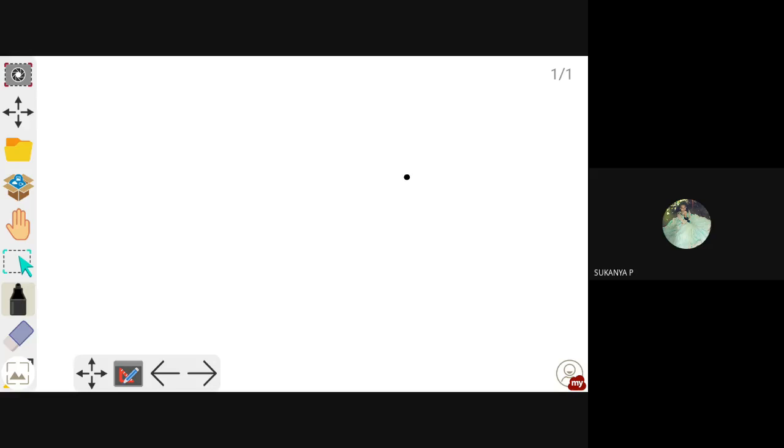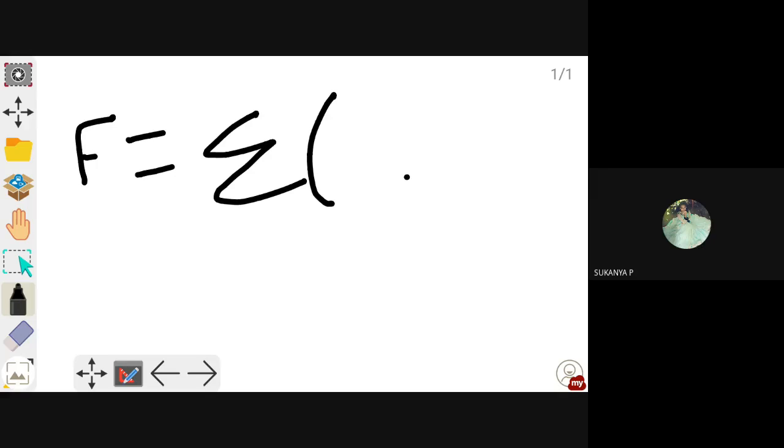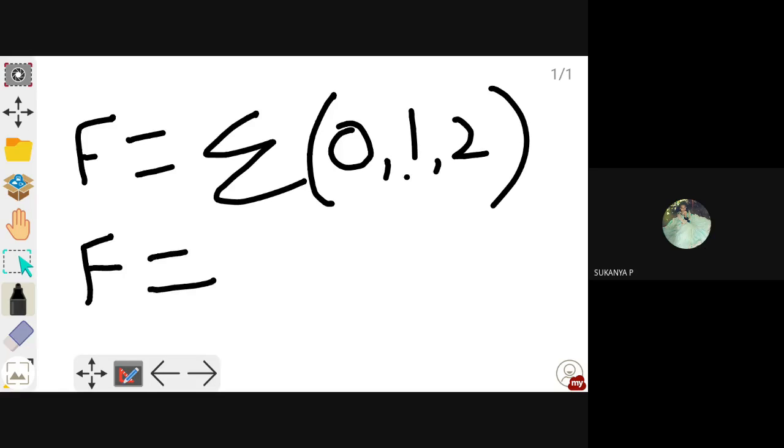So sum of min terms can be represented as f equal to summation, with terms such as 0, 1, 2. Product of max terms you can write in terms of pi, and whatever terms are missing in the min terms will be in the max terms.